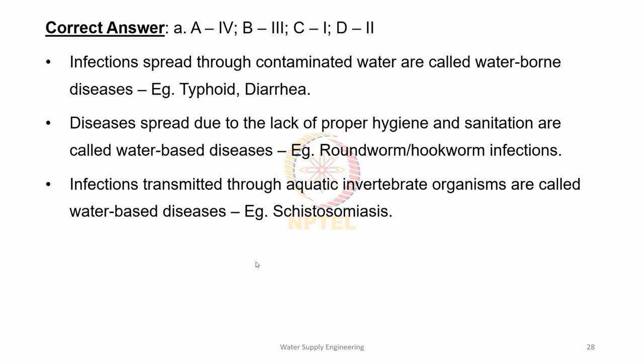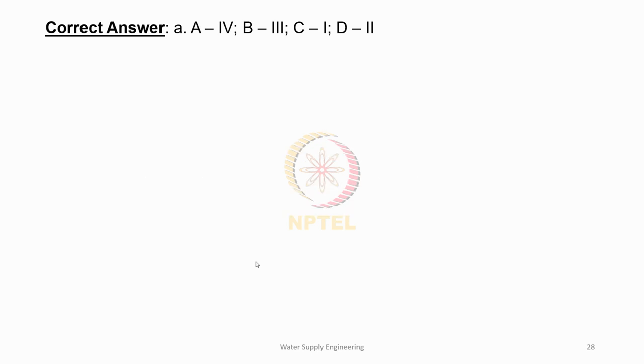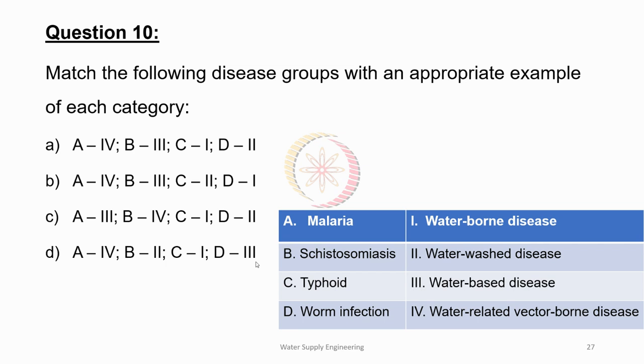Third one is infections that is transmitted through aquatic invertebrate organisms. I think there is a mistake in the explanation that I have typed in.